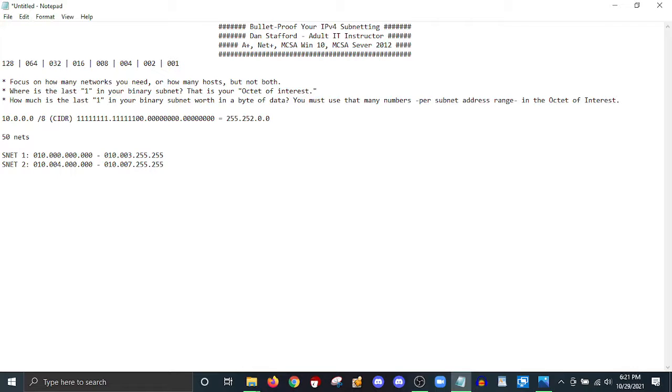I have to fill both of those two octets all the way up before I can get subnet 3, because it's got to be a different number than anything I use in the previous one. And then 8, 9, 10, 11.